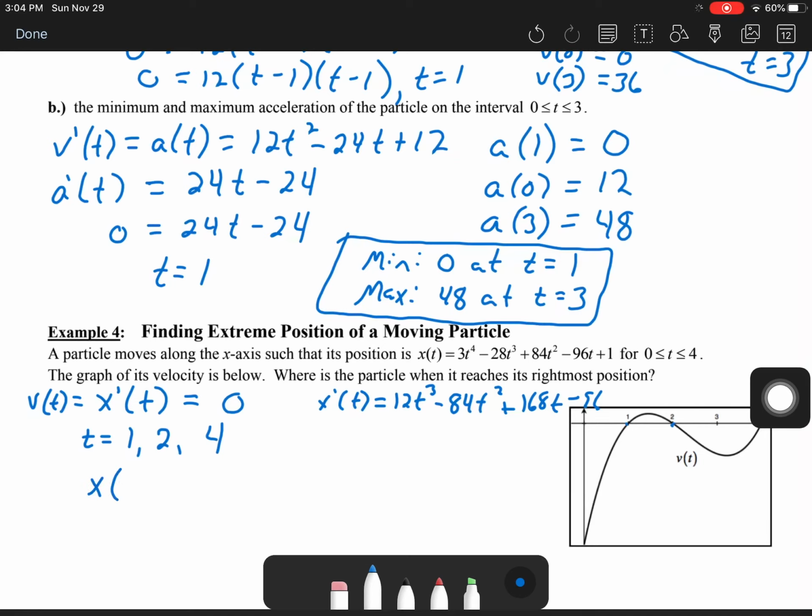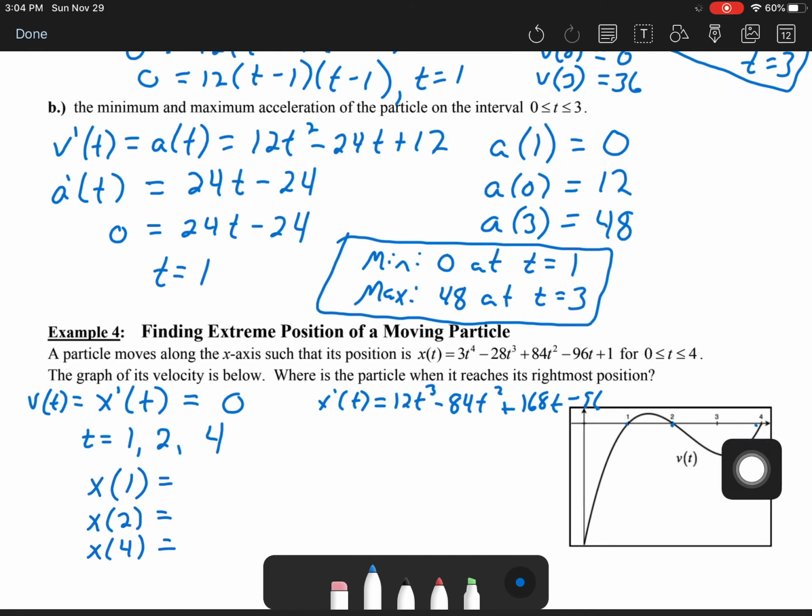So we're going to do x of 1, x of 2, x of 4, and then we also want to test the endpoints, which, as it turned out, one of our endpoints was one of our critical numbers as well, and so then we just have to test 0 as well, x of 0. And for all of those, we want to see what's the largest value. So if I plug these in, and again, I would use a calculator, because you're going to be plugging them into this 4th degree polynomial, which is a little bit of a hassle.